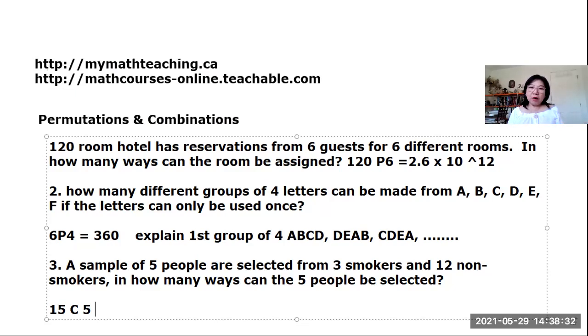As long as you can form a group of 5 people, you can select the sample like that from 3 smokers and 12 non-smokers. The question doesn't give you a condition that you have to choose 2 smokers or 3 non-smokers. So we just add them together as 15 people, and we choose 5.